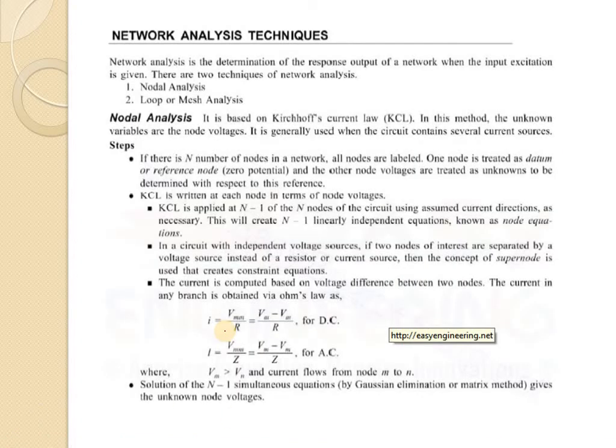Network analysis technique is the determination of the response or output of a network when the input excitation is given. That means, suppose some voltage, current, resistance, capacitance, inductance values are given, and we have to find some unknown parameters with the help of different mathematical calculations and some laws.